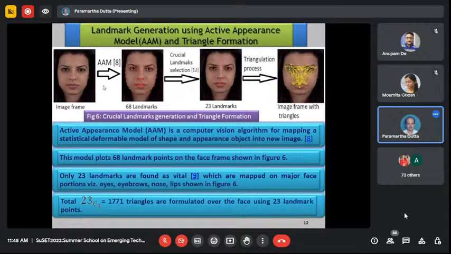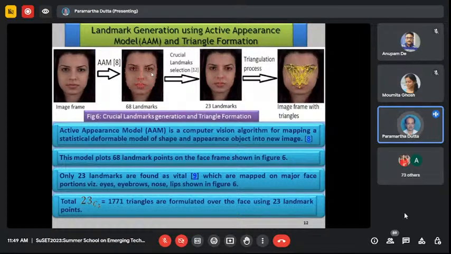That means given a human face image, the most salient or significant 68 landmark points which are most susceptible or sensitive to any change in facial expression are identified. So active appearance model is that reporting. Needless to mention, it is the first reporting in the literature which dealt with identification of those landmark points.